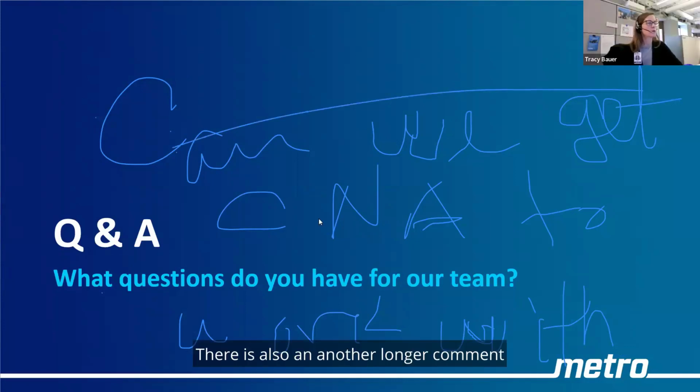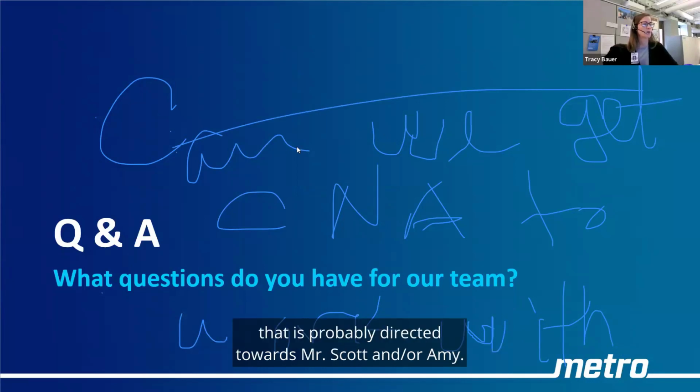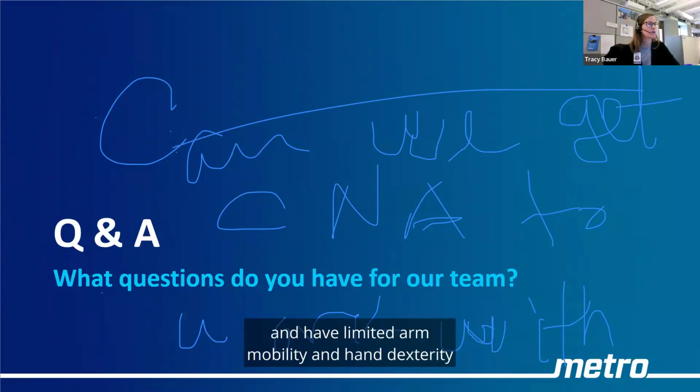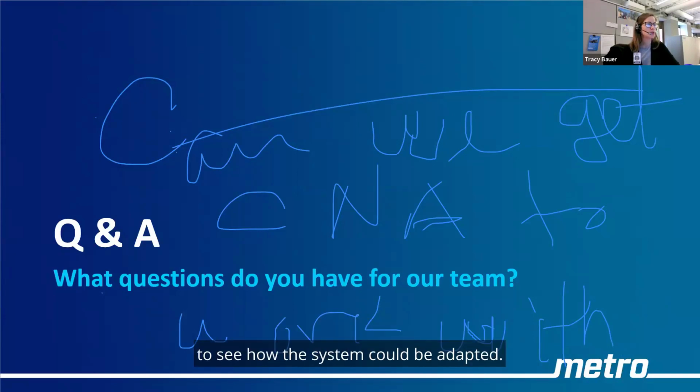There is also another longer comment that is probably directed towards Mr. Scott or Amy. I have some very serious concerns about people who use wheelchairs and have limited arm mobility and hand dexterity being able to operate the validation boxes, help, and emergency buttons. I really hope that Metro works with people in wheelchairs to see how the system could be adapted.